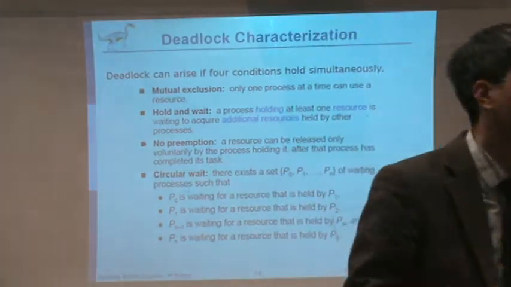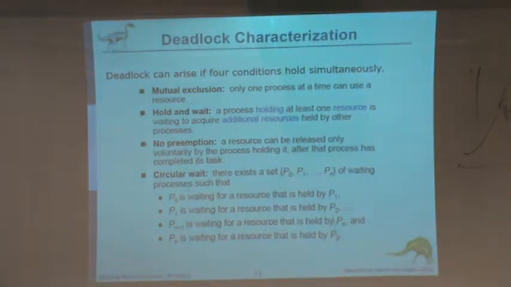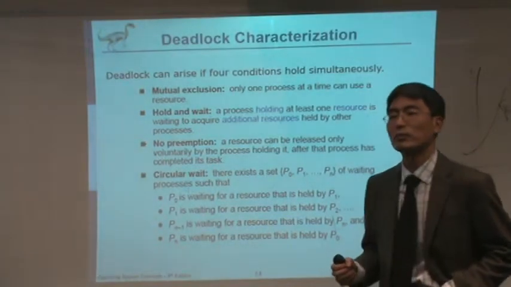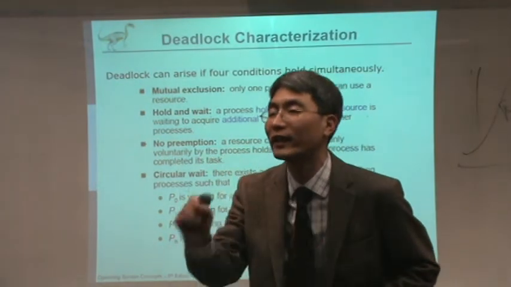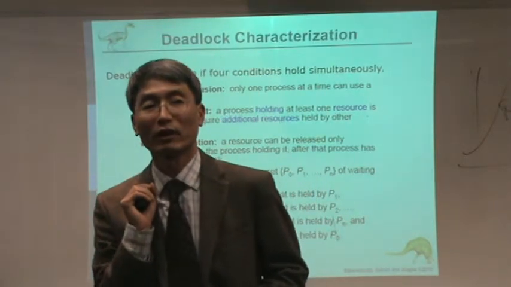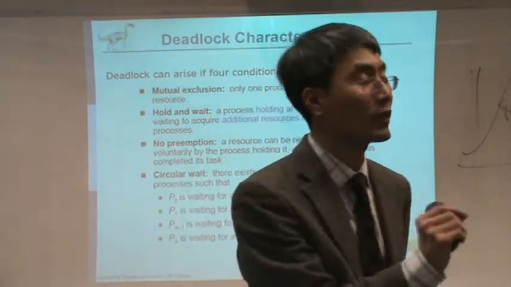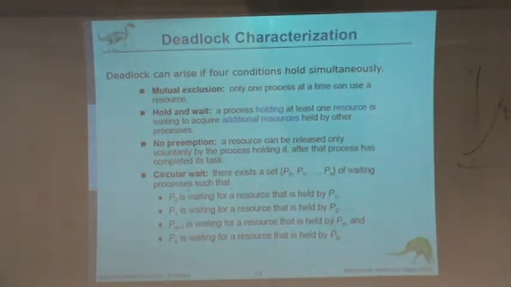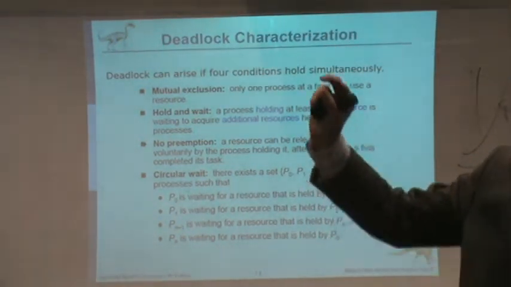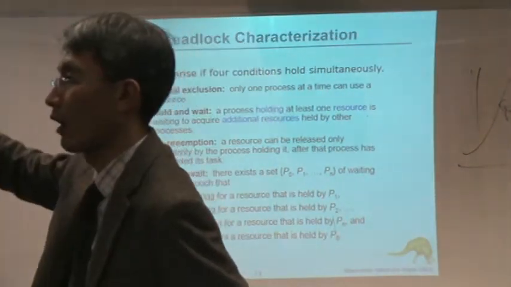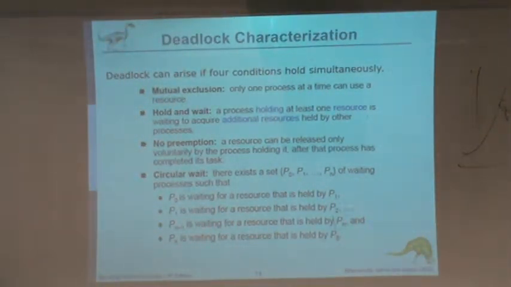It's a deadlock event. First, mutual exclusion, which means only one process can take one resource instance. If the resources are shareable, like a memory location where you allow other processes to access the data, there might be no problem.